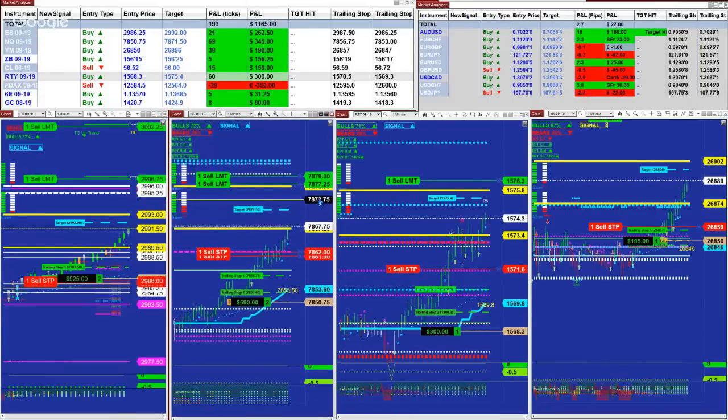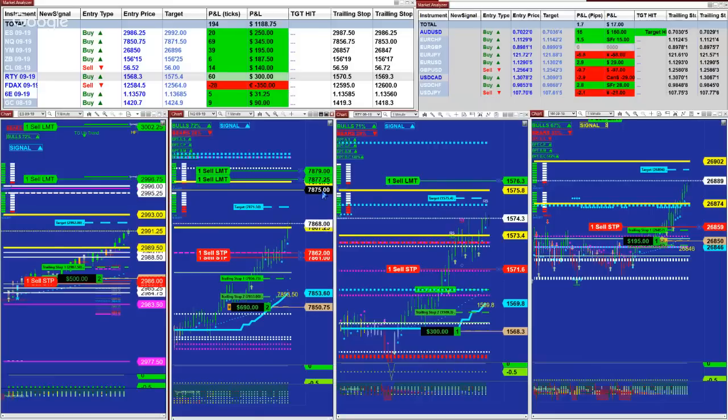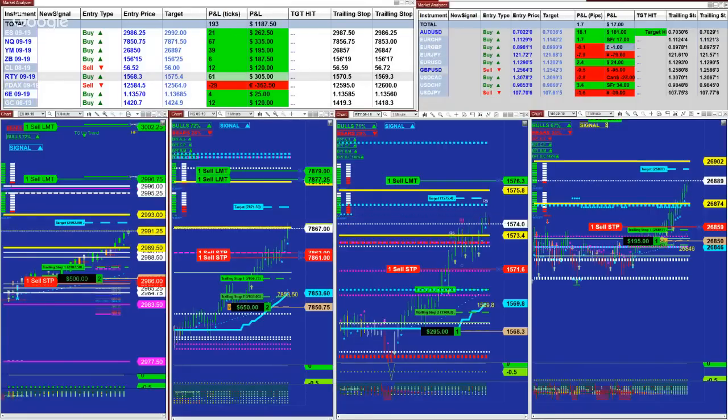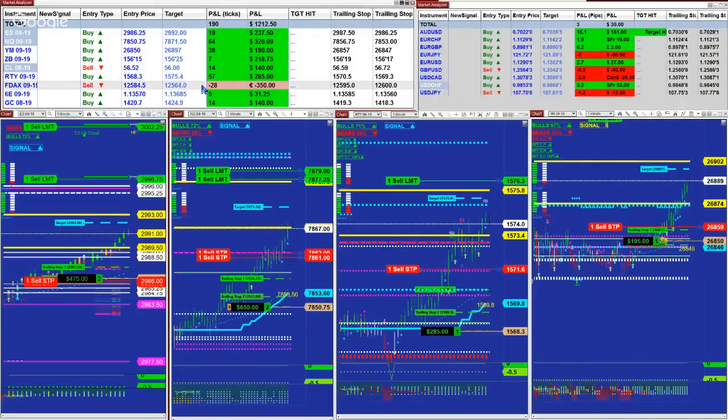Okay, guys, again, you're not walking out empty-handed today. And we are 189 ticks into the profit based on the last entry. When I said the DAX is going short, this is really funny.